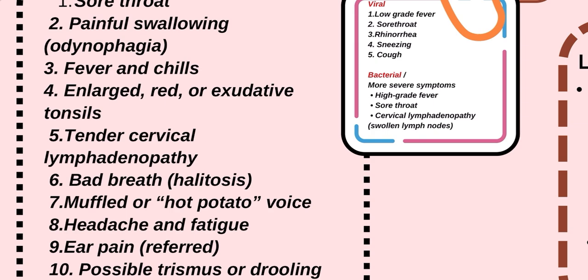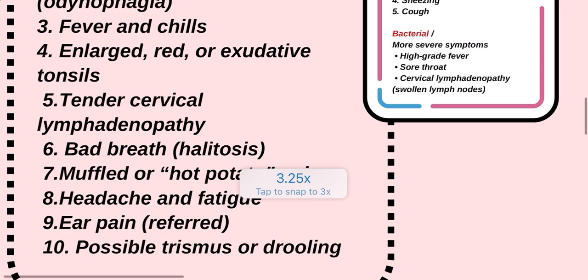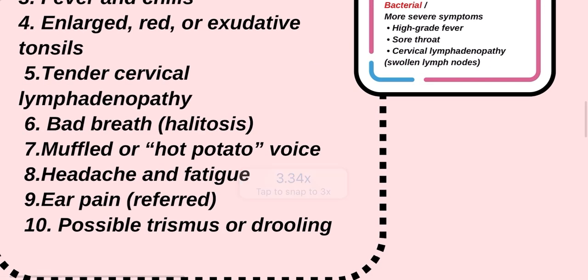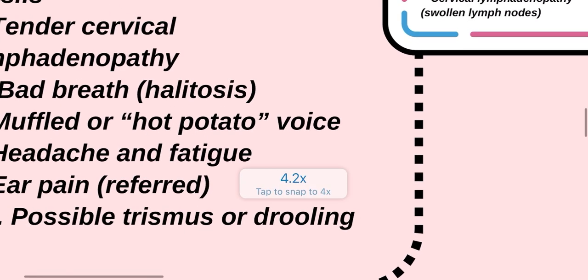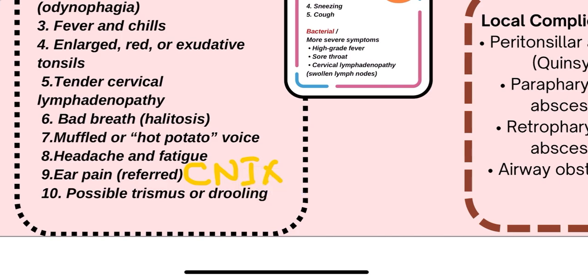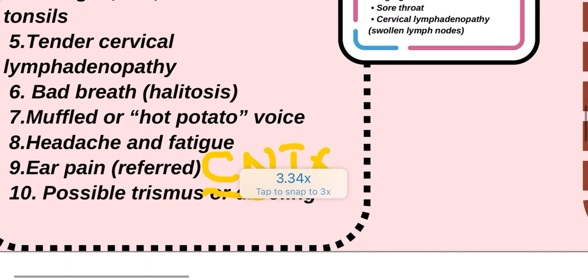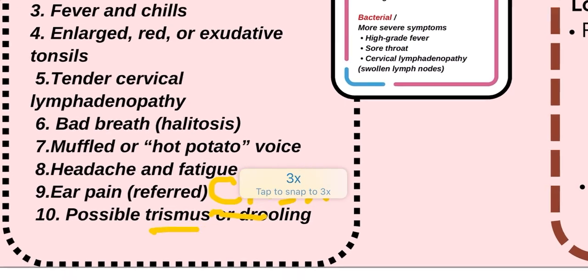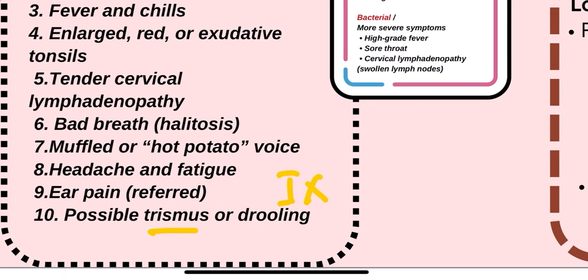There is also bad breath, which is halitosis, muffled or hot potato voice, headache and fatigue, and ear pain, which is referred pain due to the glossopharyngeal nerve, cranial nerve number 9, as the tonsil and the ear share nerve supply. There is also the possibility of trismus and drooling.